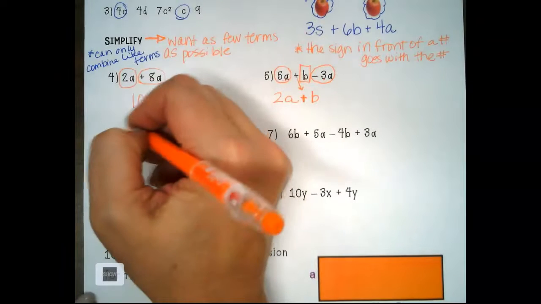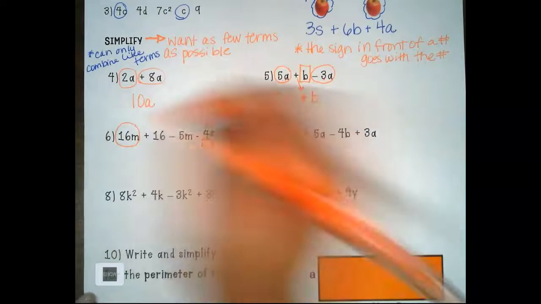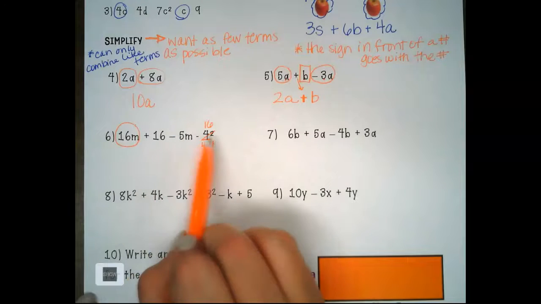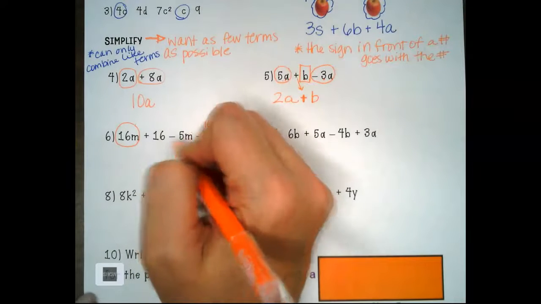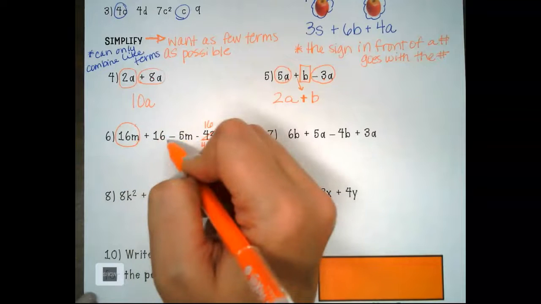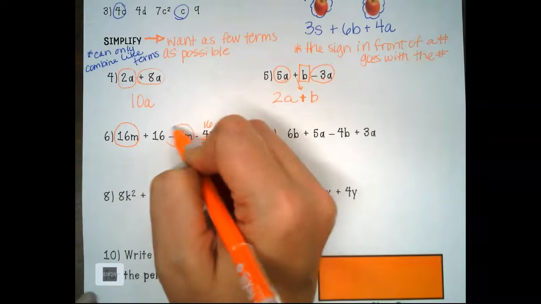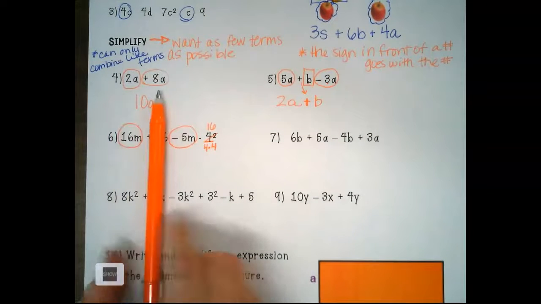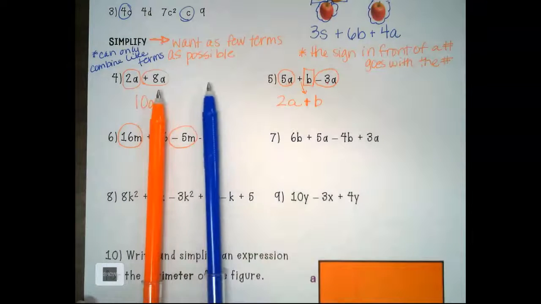Circle the first one. We have 16 mangoes, no mangoes, mangoes, no mangoes. All right, so we're going to put our mangoes together. Remember, the second term of what you're putting together, you have to circle the sign in front so you know whether to add or subtract. I'm not even worried about that 16 right now, and I'm not worried about that one.